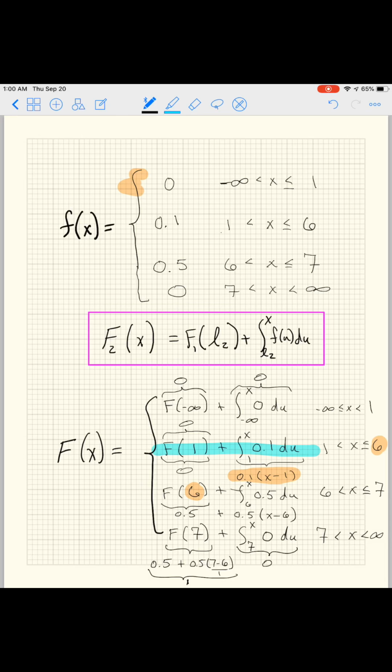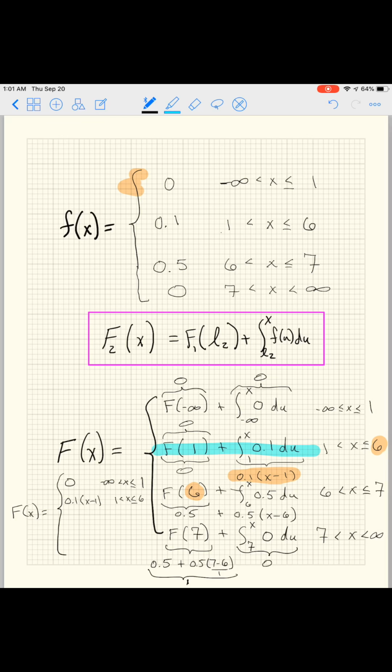So I could write this maybe smaller over here. F of x is equal to 0 from negative infinity to 1, and it is equal to 0.1 x minus 1 from 1 to 6, and then it is equal to 0.5 plus 0.5 x minus 6.